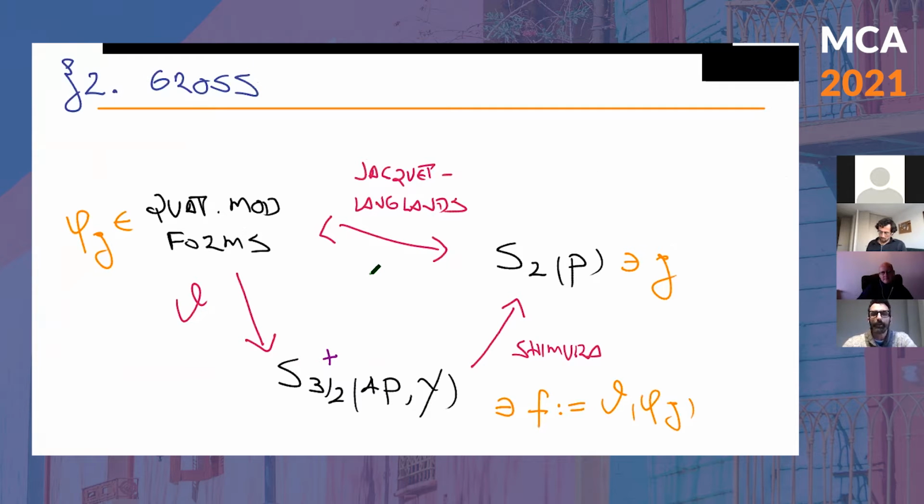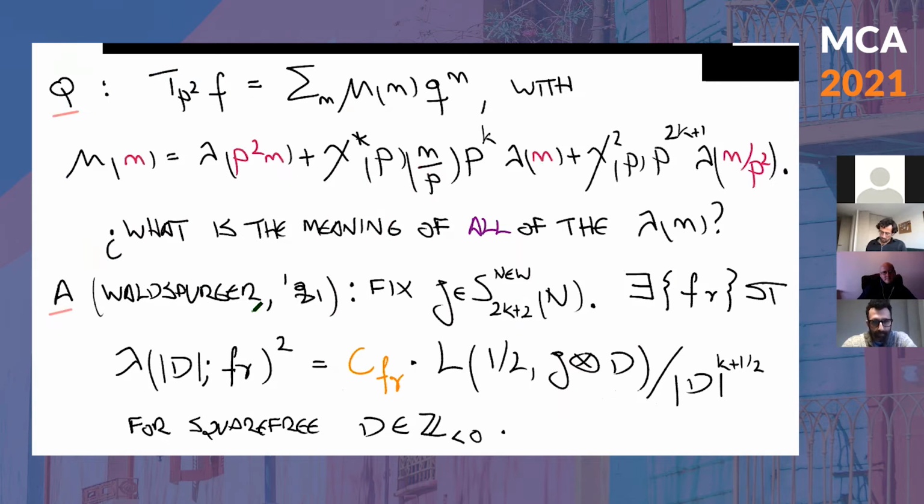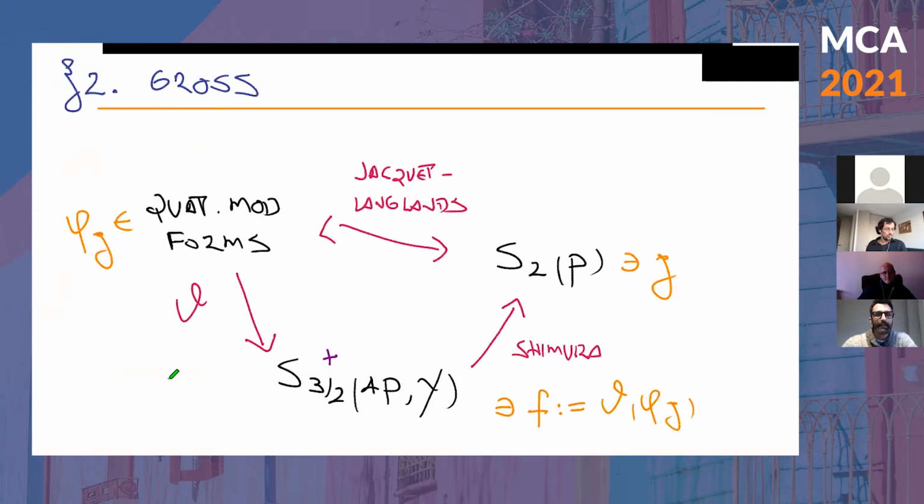He's going to show how to obtain these Fourier coefficients essentially by counting points on lattices. More precisely, he's going to build one of the half-integral modular forms from Waldspurger, only one of them, by using a ternary theta series.